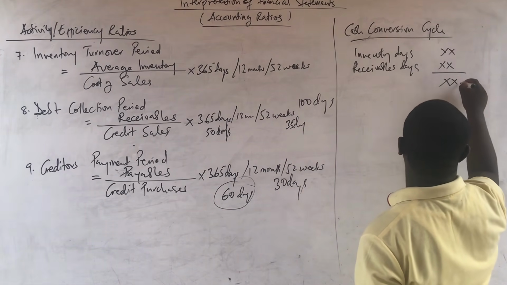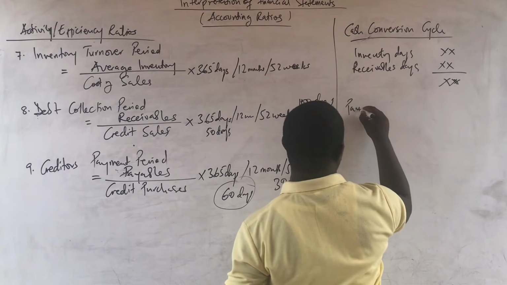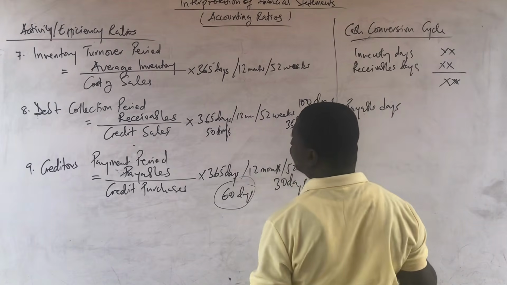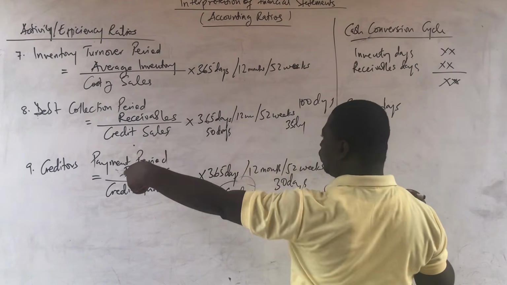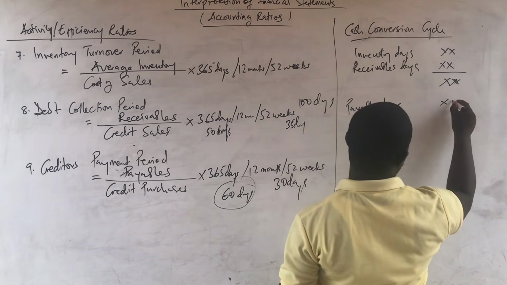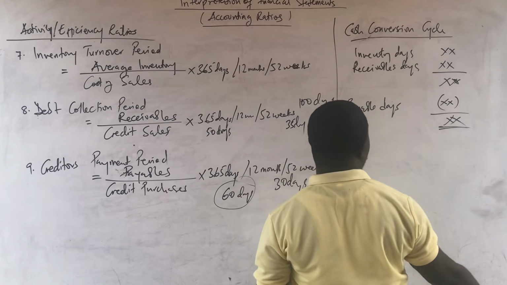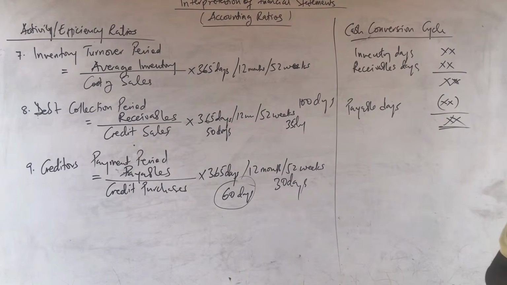You add the two and then you subtract the payable days, or the creditors payment period. That's what we call the payable. So this is the inventory days, receivable days, and then the payable days. So you take that out, and when you subtract that, the final answer you have is your conversion.